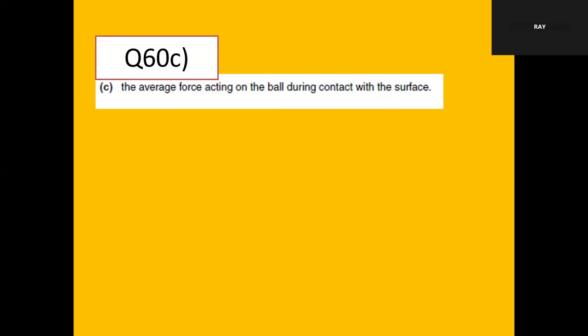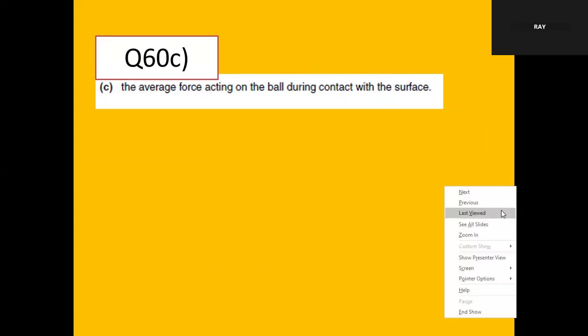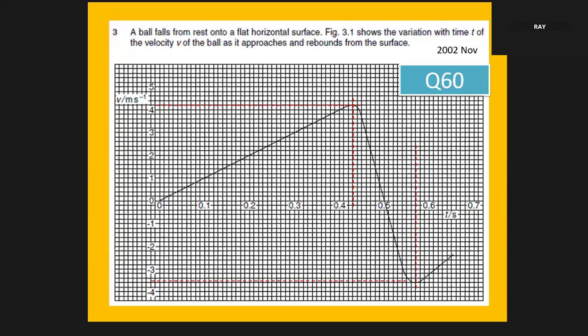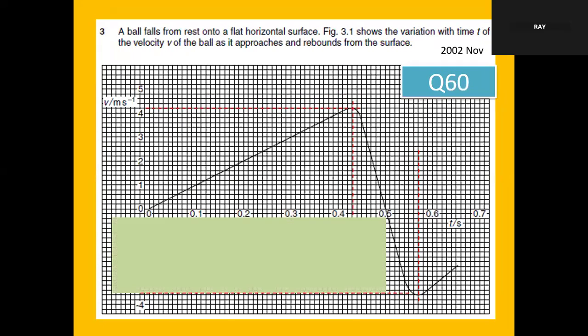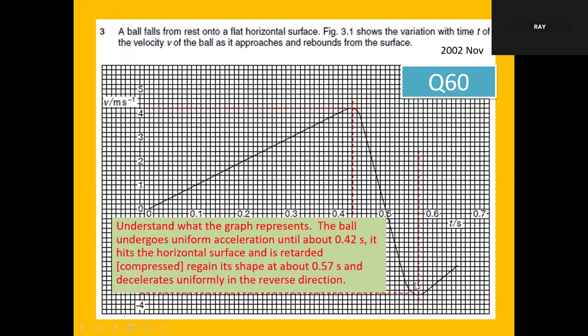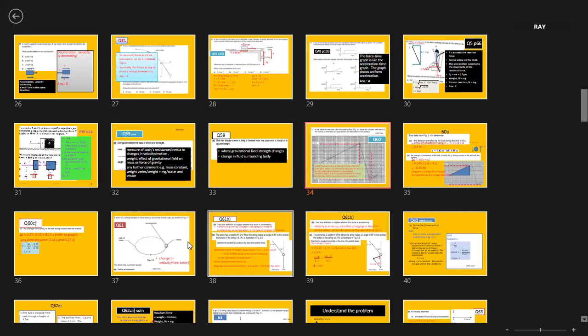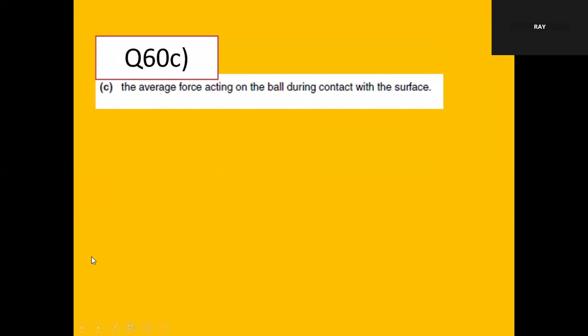Average force acting on the ball during the contact time with the surface. How to calculate that? There's a contact time, from 0.4 second to 0.57 second.